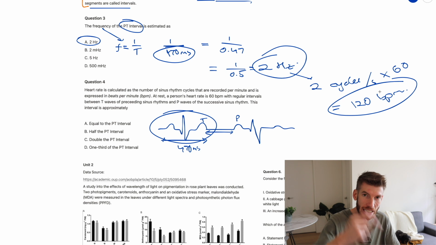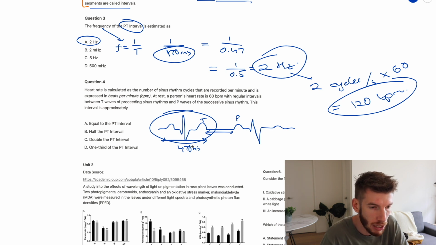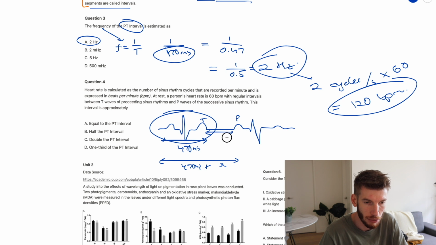Your heart's not beating instantly right after the next one, right? There's a slight gap, and that's what we're looking at here. So if we factor that in, now our time interval is actually 470 milliseconds plus x, right? Plus some unknown amount. If we do that in seconds instead, it's 0.47 plus x, which is basically half plus x, like that.